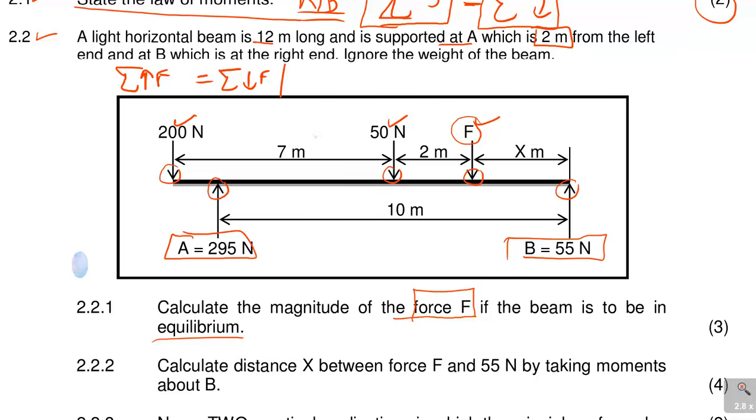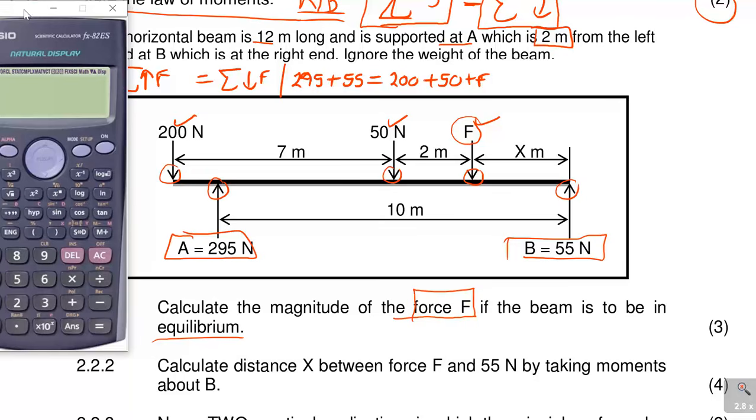They are at A and B, which is 295. They're going up, plus 55 is going up, is equal to, look at all those that are going down, which is 200 plus 50 plus F. You see, that's what they needed there to calculate F. So when you do that, you add 295 plus 55.